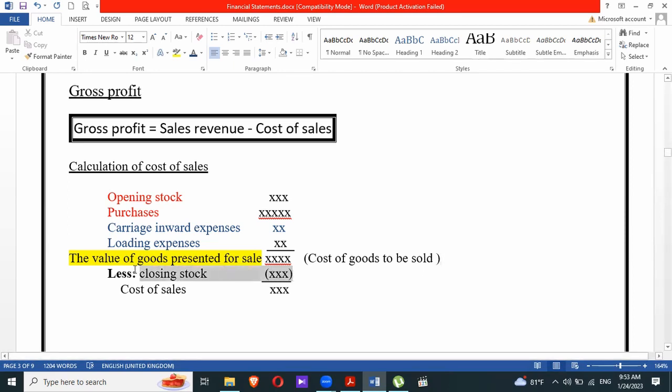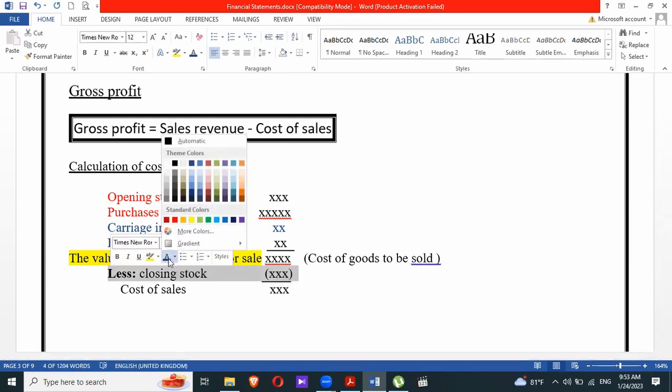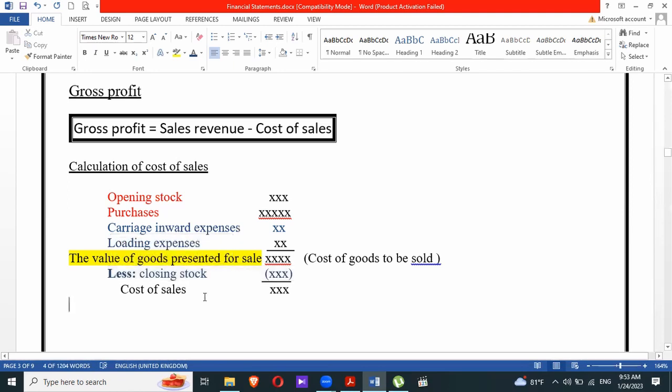So closing stock should be removed. Less closing stock, then we can come up with the answer for the cost of sales. Very simple, the calculation of cost of sales.